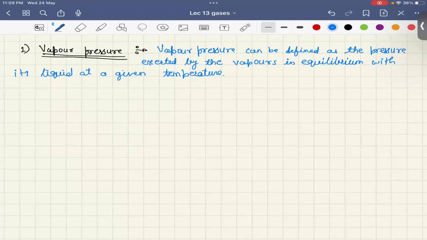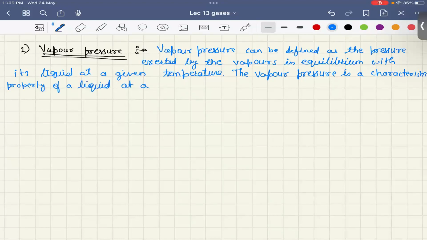The vapor pressure is a characteristic property of a liquid at a given temperature.